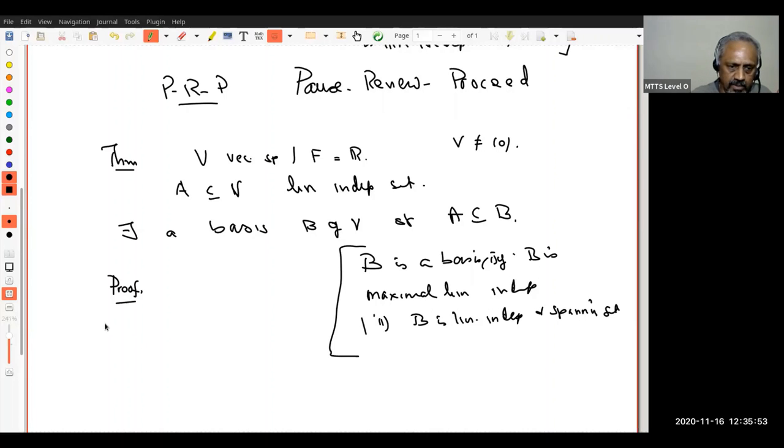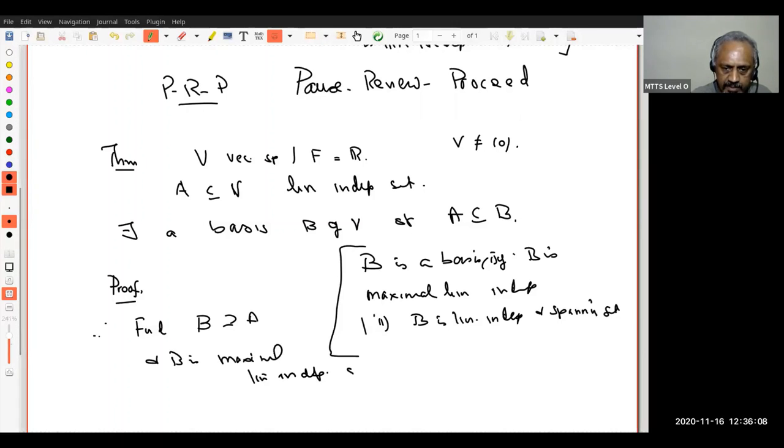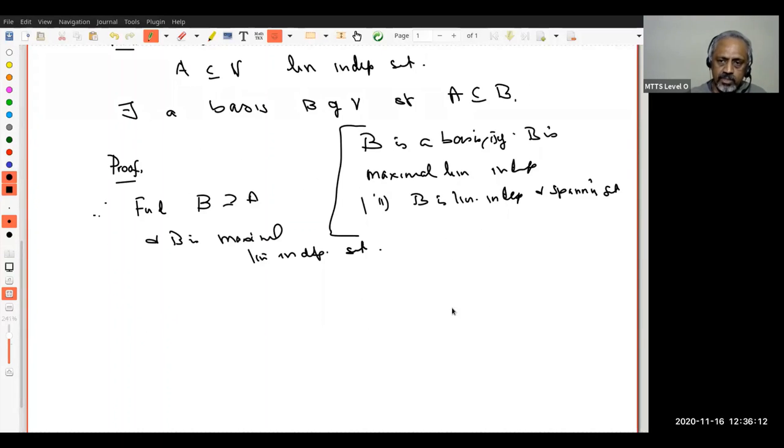Therefore we have to find B which also contains A, and B is a maximal linearly independent set. Now again, let us recall, what do I mean by maximal linearly independent?